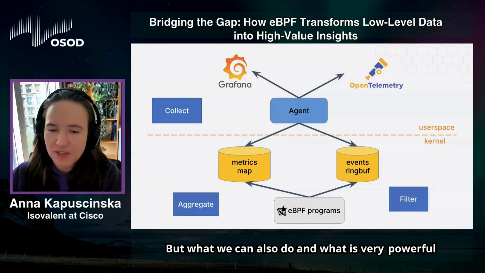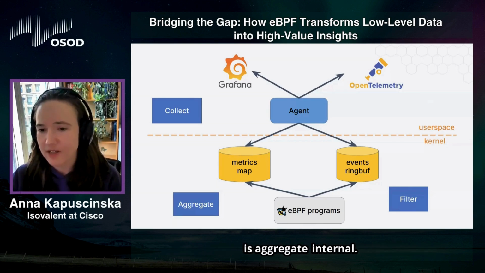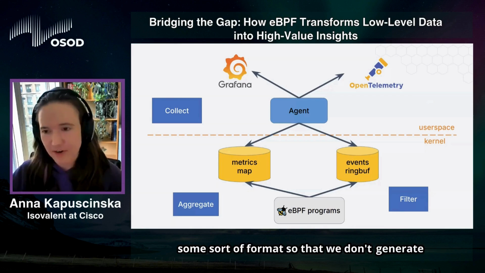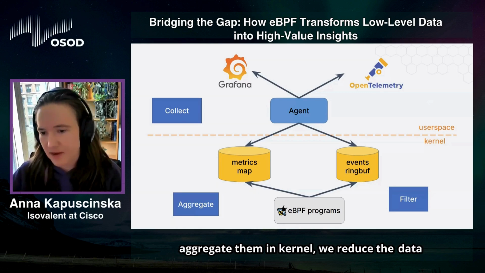But what we can also do, and what is very powerful, is aggregate in kernel. We can create a metrics map, storing metrics in some sort of format, so that we don't generate an event every time something occurs, but we aggregate them in kernel.